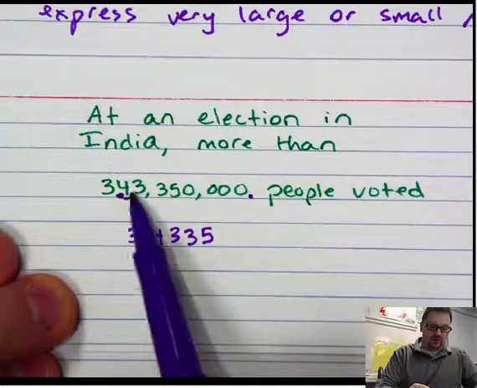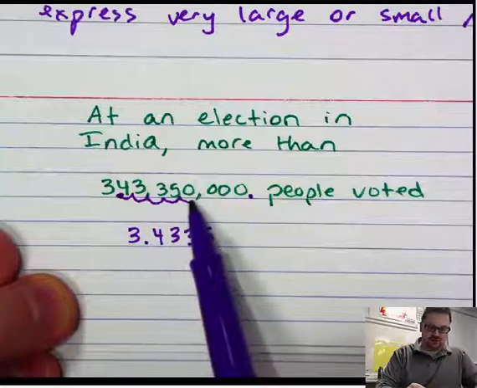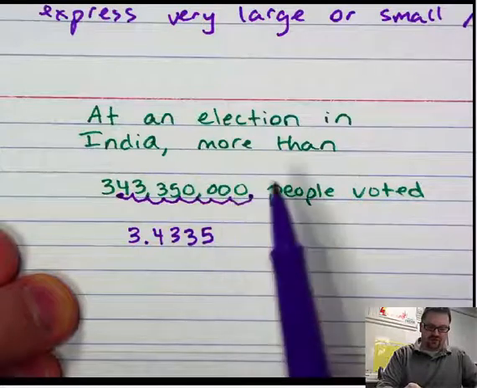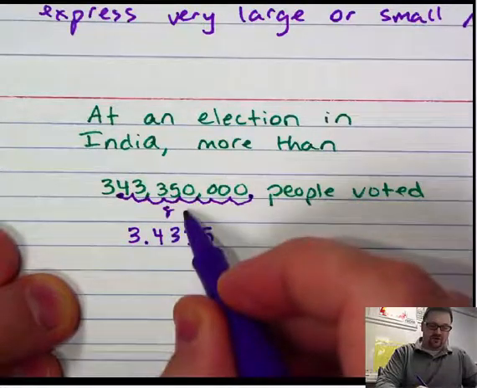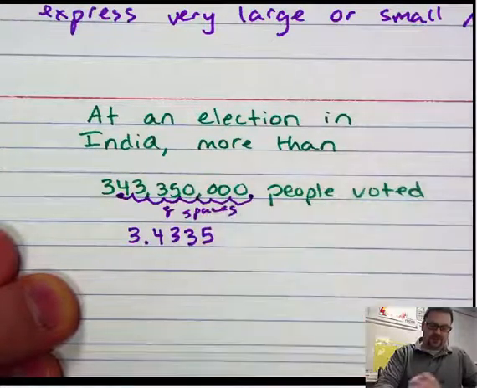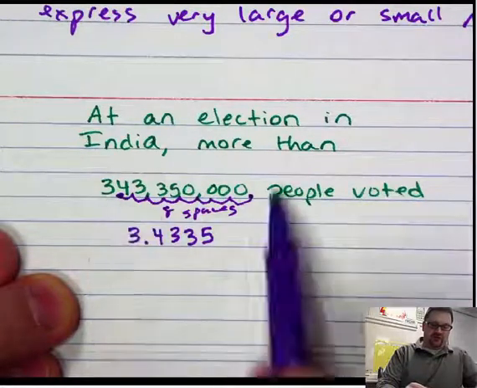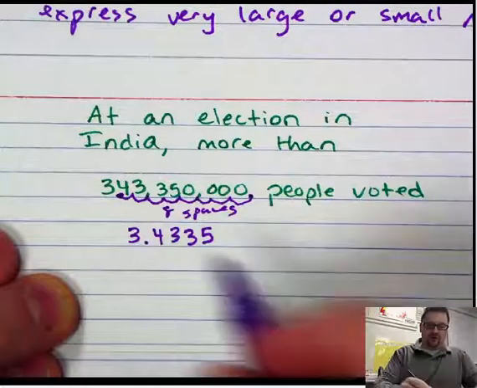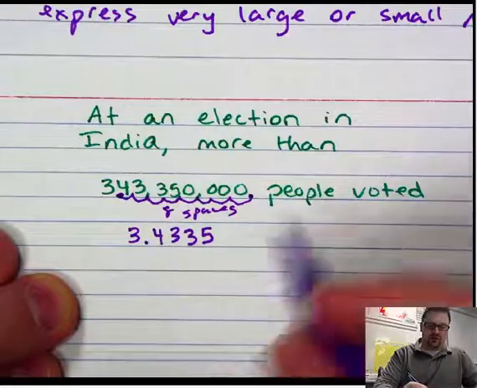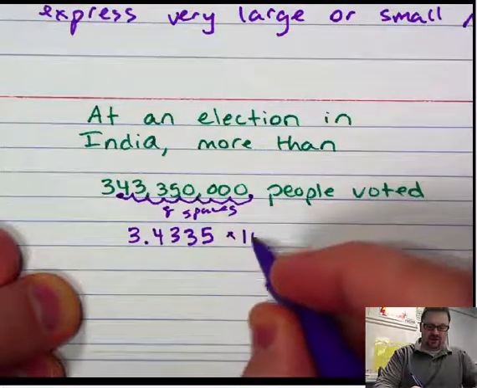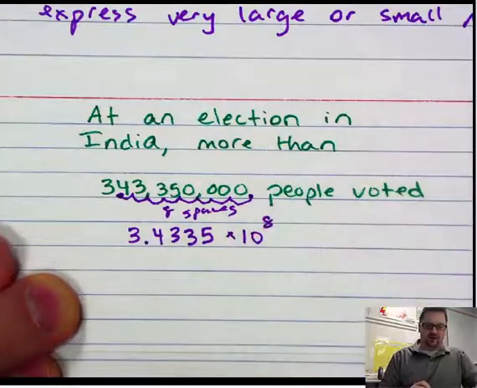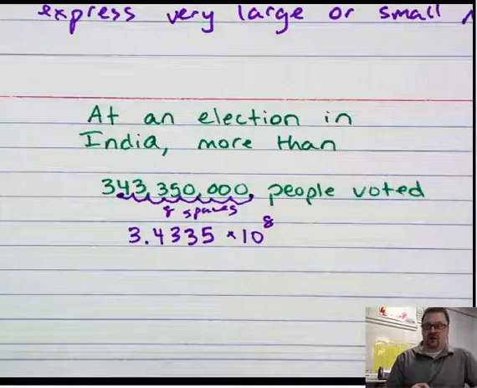This is going to be 1, 2, 3, 4, 5, 6, 7, 8. It was 8 spaces. My original number is a whole number larger than 1, so I'm going to have 3.4335 times 10 to the 8th power. The 8 is going to be positive because I have a whole number.